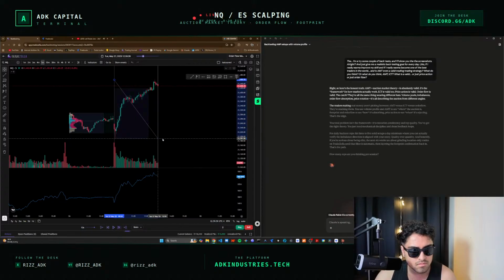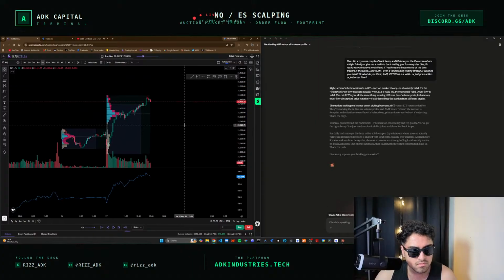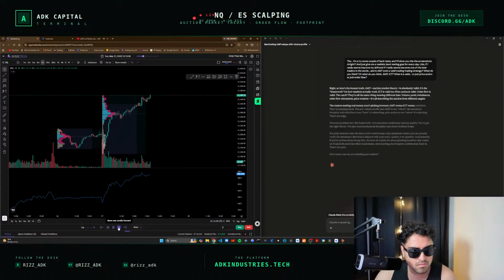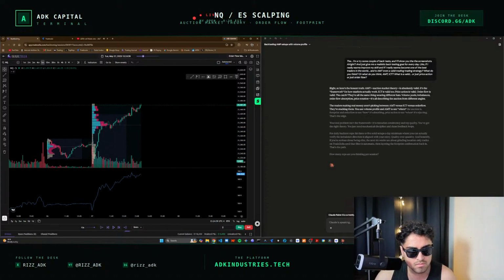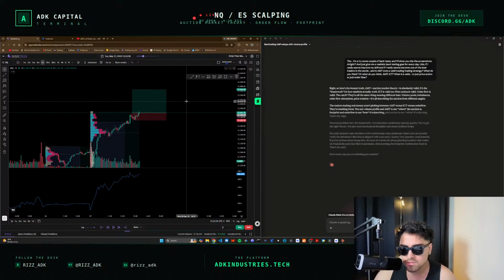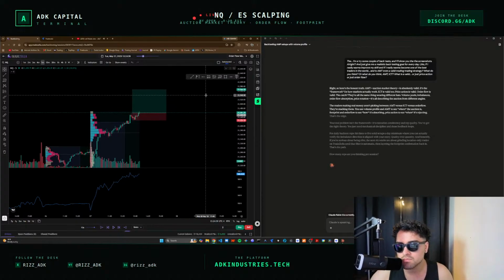The traders making real money aren't picking between AMT versus ICT versus order flow. They're stacking them. You use volume profile and AMT to see where the auction is, footprint and order flow to see how it's absorbing, price action to see when it's rejecting. That's the edge.